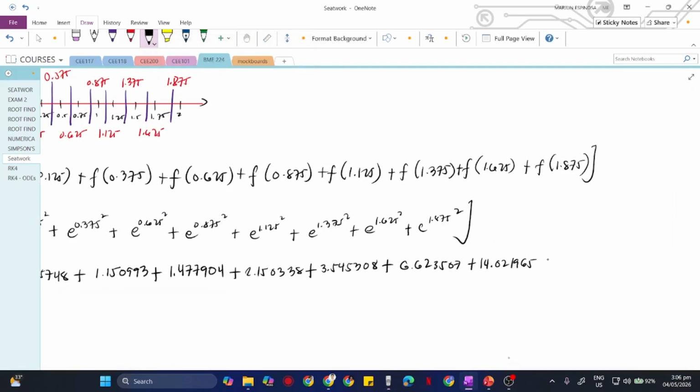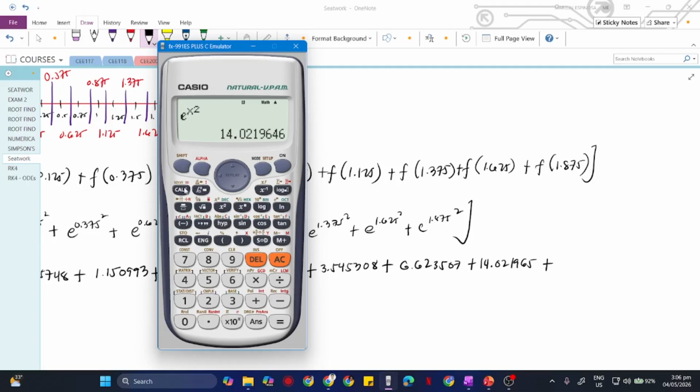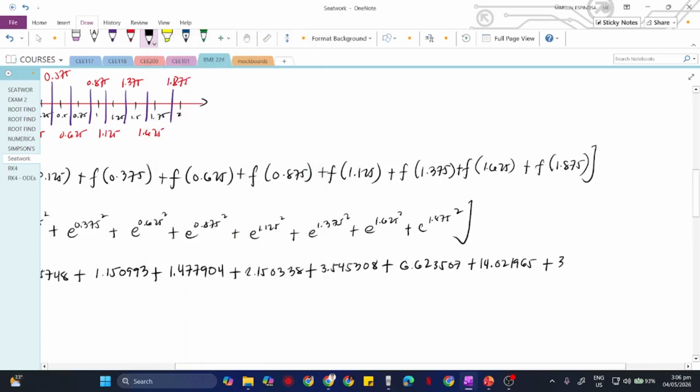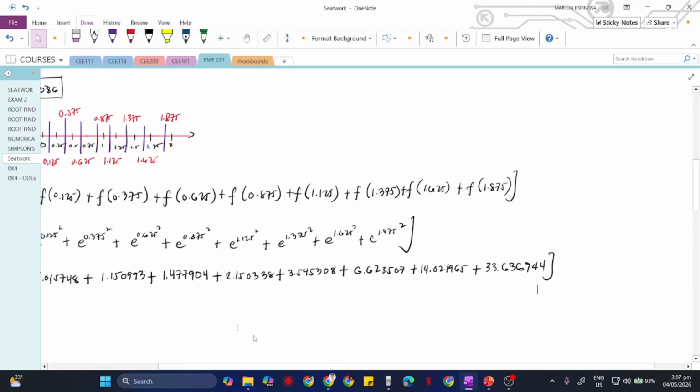And lastly, itong calc 1.875. You would get 33.636944. Okay, yan na yung magiging terms natin.